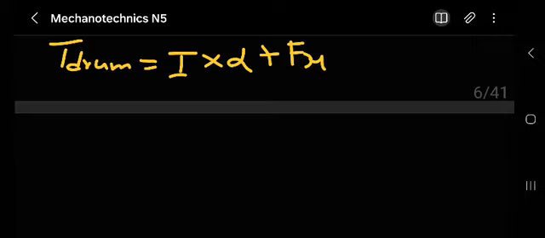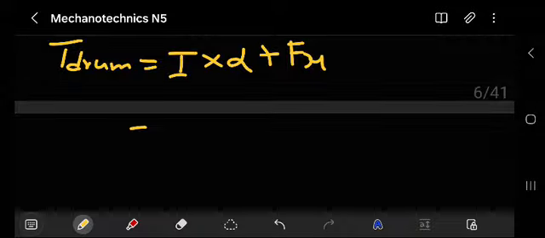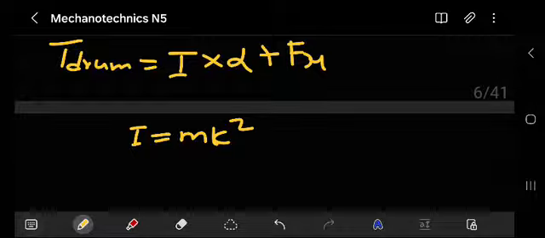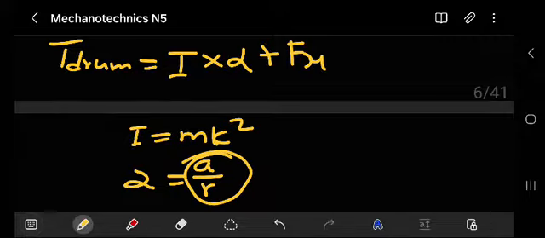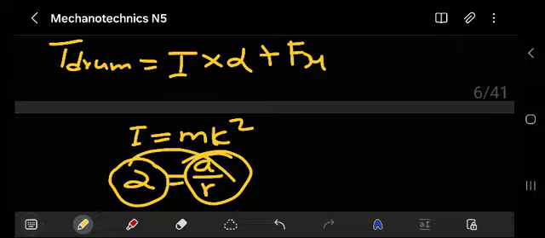But you must know that I is equal to mk squared, the moment of inertia. The angular acceleration, since we have the linear motion, will be the acceleration divided by what? By the radius, converting from linear to angular. We use this formula.